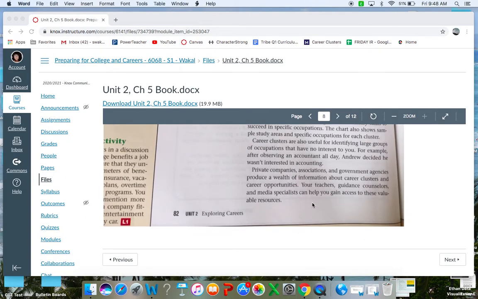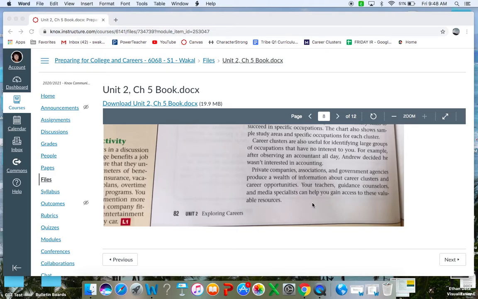Okay, the next paragraph says private companies, associations, and government agencies produce a wealth of information about career clusters and career opportunities. Your teacher, guidance counselors, and media specialists can help you gain access to the valuable resources.